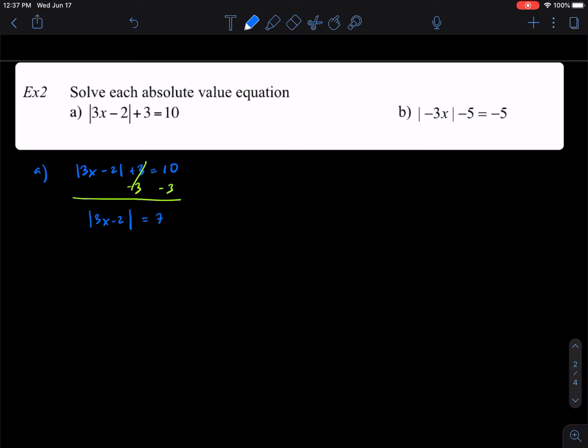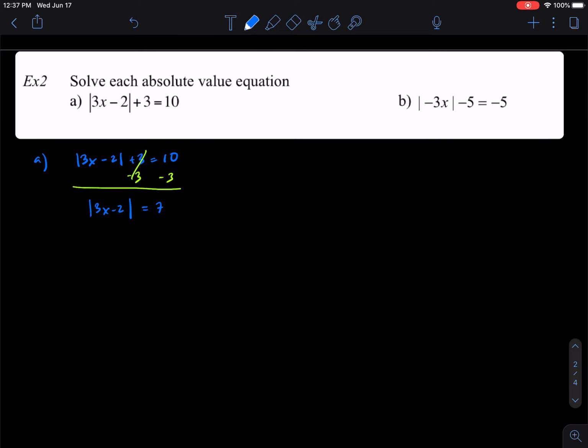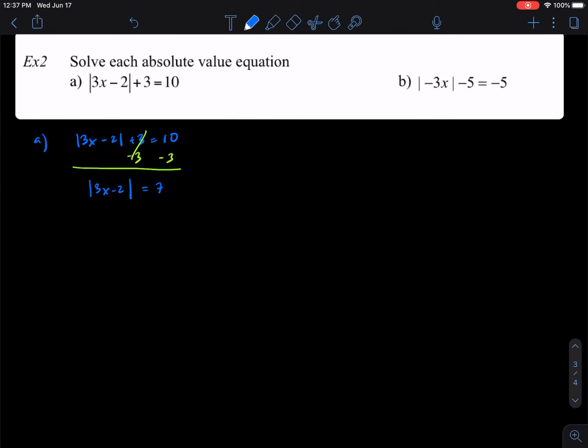They're saying, what value of x such that 3 times that number minus 2 has a distance of 7 units away from 0? It's still not easy to imagine the picture in your head.